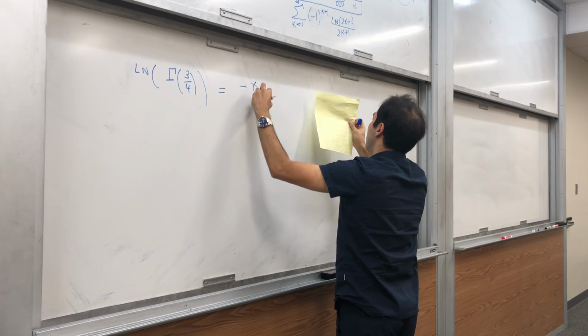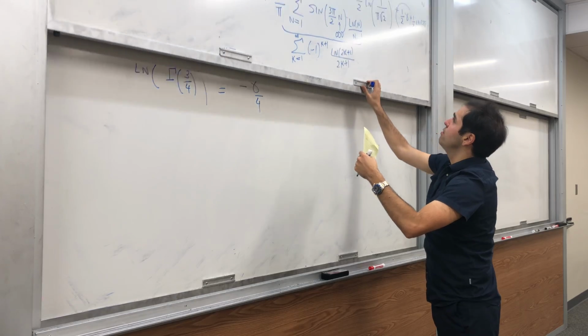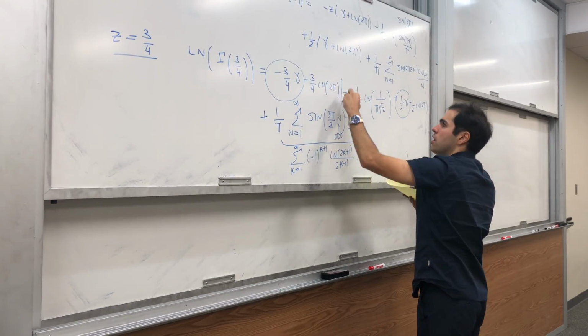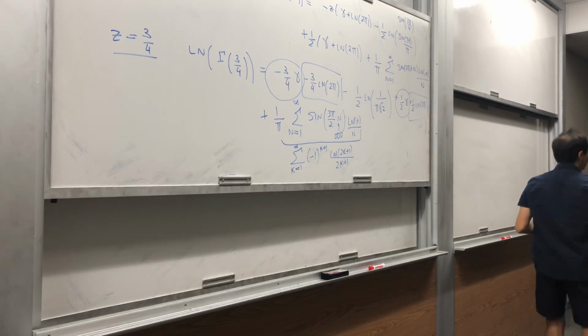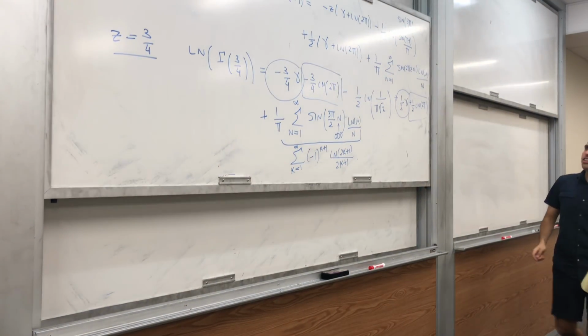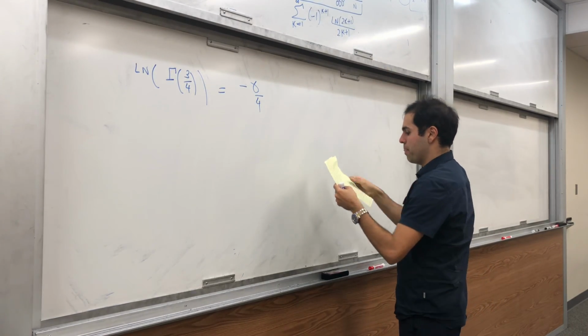So minus gamma over 4. And then we had minus 3/4 ln of 2 pi plus 1/2 ln of 2 pi. Let's see what that equals. This is minus 1/4 ln of 2 pi.